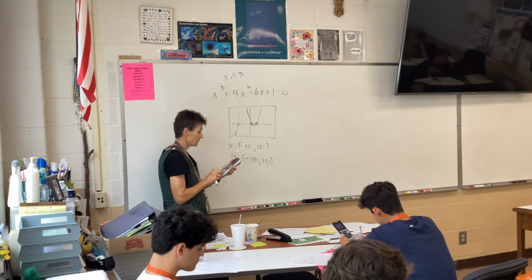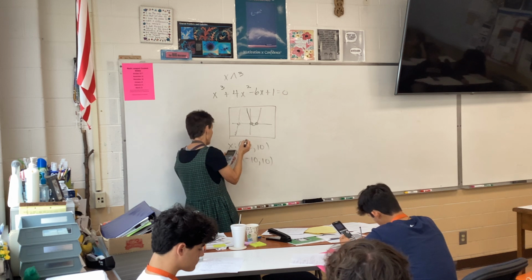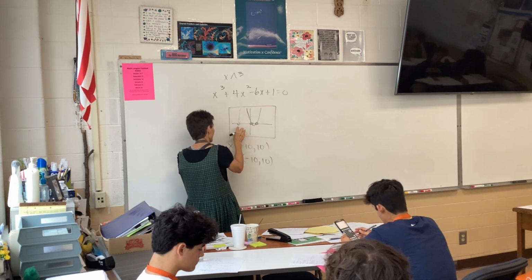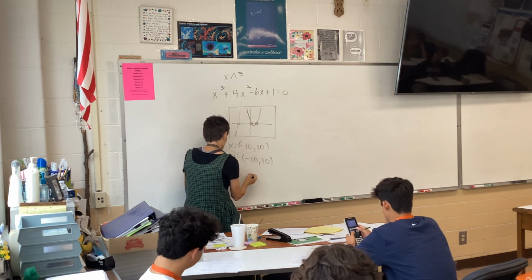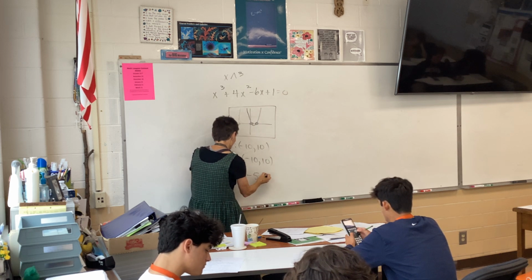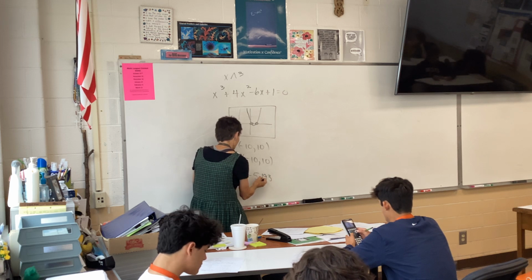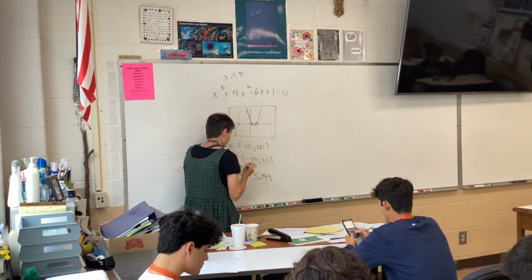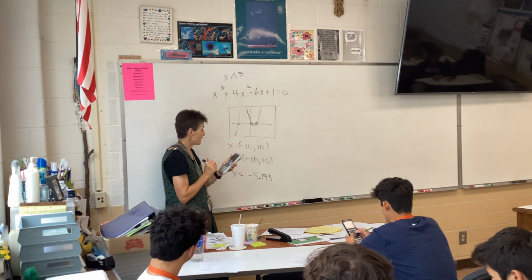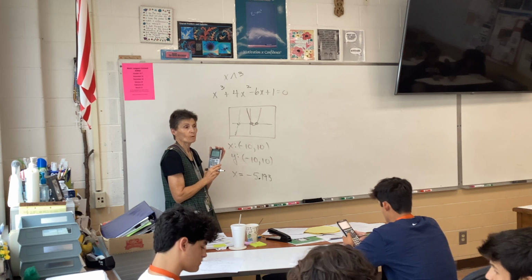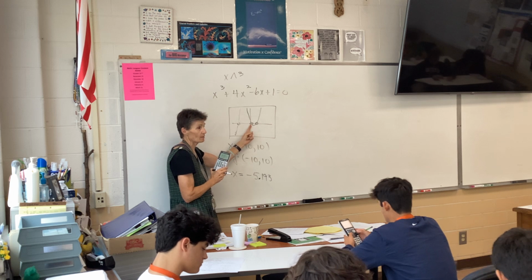And then I got to put it in between there. And hopefully you got right here, this one is negative 5.193. That's what you're shooting for. And then we'll repeat the process for that guy right there.